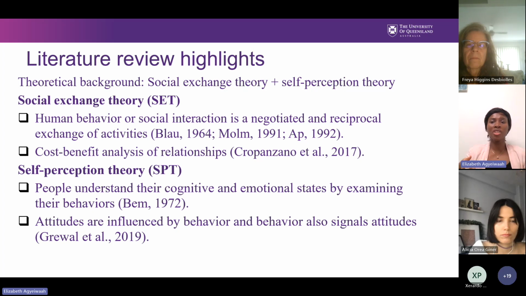So within every relationship, there is always that need to do a cost-benefit analysis. Cost-benefit analysis means that people engaged in a relationship will evaluate whether it's bringing benefit to them. So if I feel that the relationship is benefiting me, there's a high chance that I will engage in it. If I feel that it's going to be costly to me, chances are I'll withdraw.